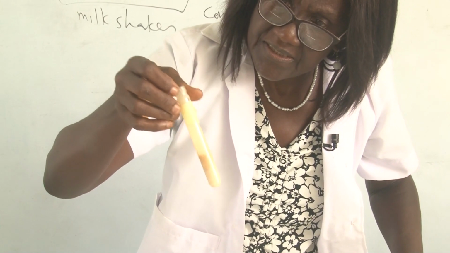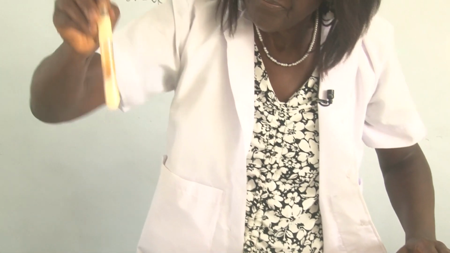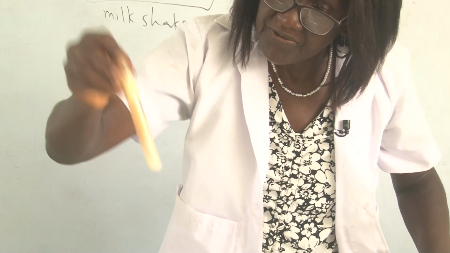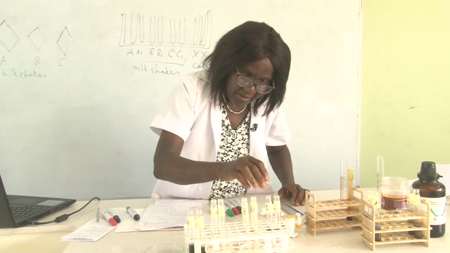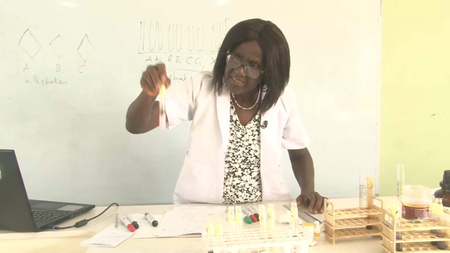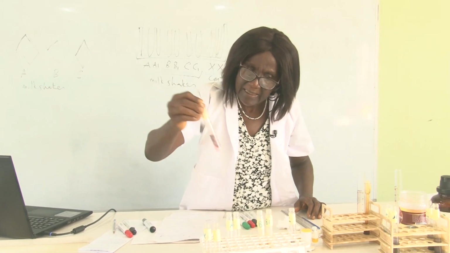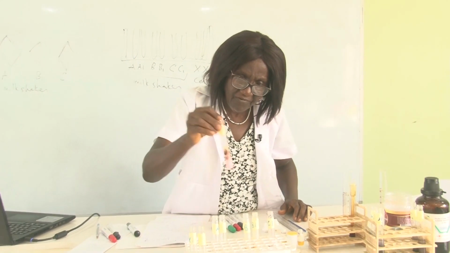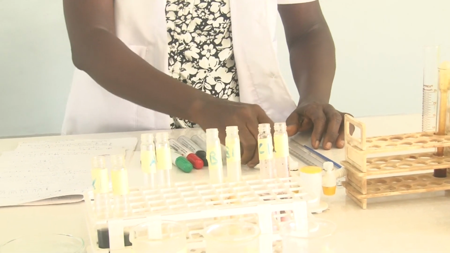Well, milkshake B. Milkshake B1, the iodine solution remains brown. And milkshake C, the iodine solution became blue-black. So therefore, there's starch in milkshake C.